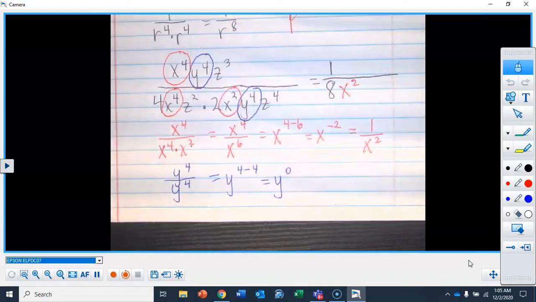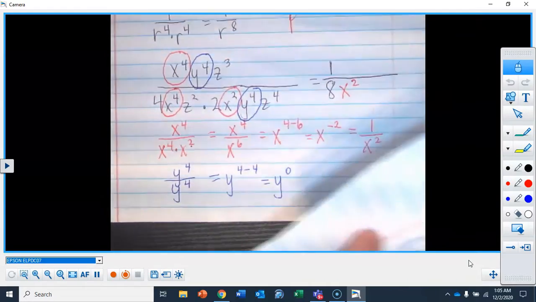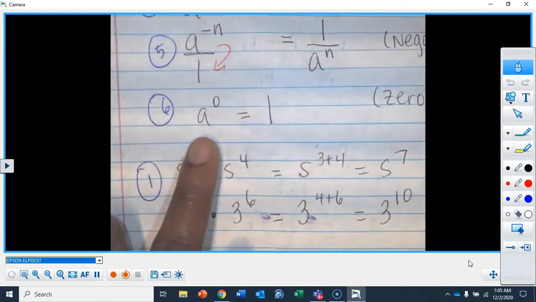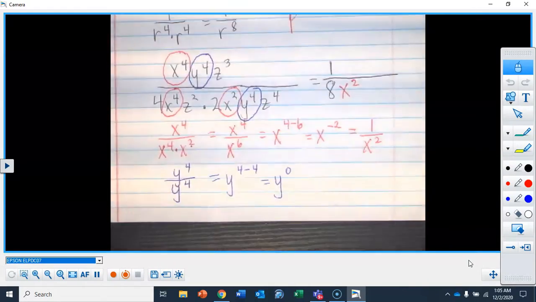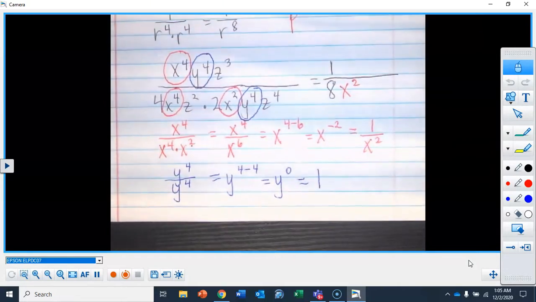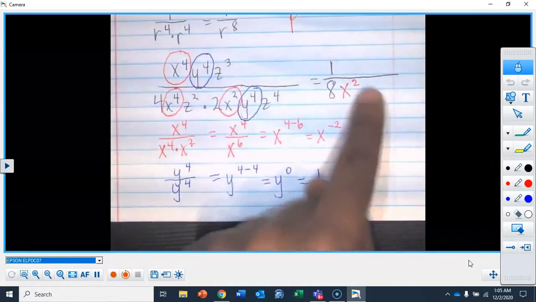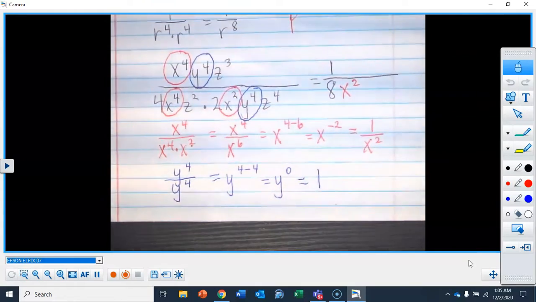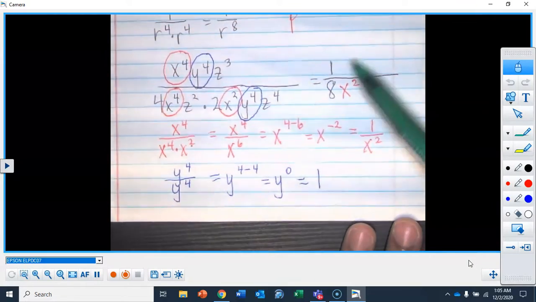And remember I told you that there's one called the 0 law, that anything raised to the 0 power is a 1. Okay? So I'm just telling you that this is a 1. So between you and me, don't write anything in your final answer, because there's just a 1. Don't even write it. You're good. You're done. There's just no y's. Okay? That's the best way I can say it. So you don't have to do anything here.